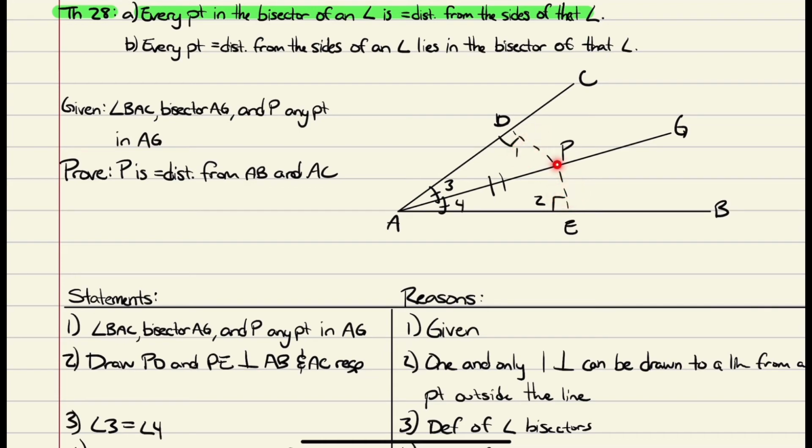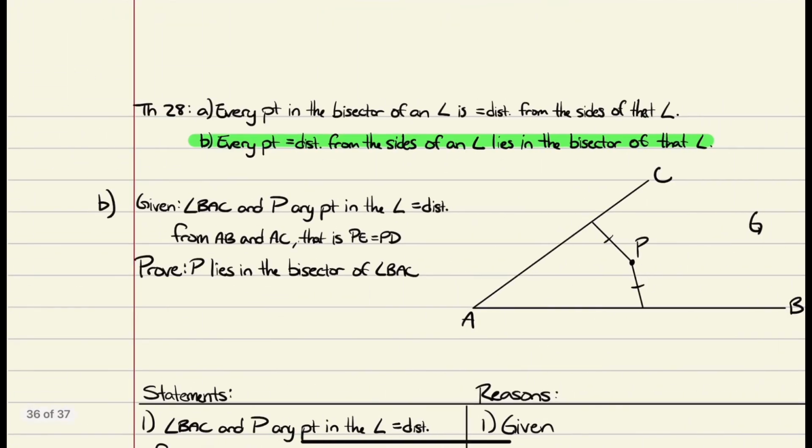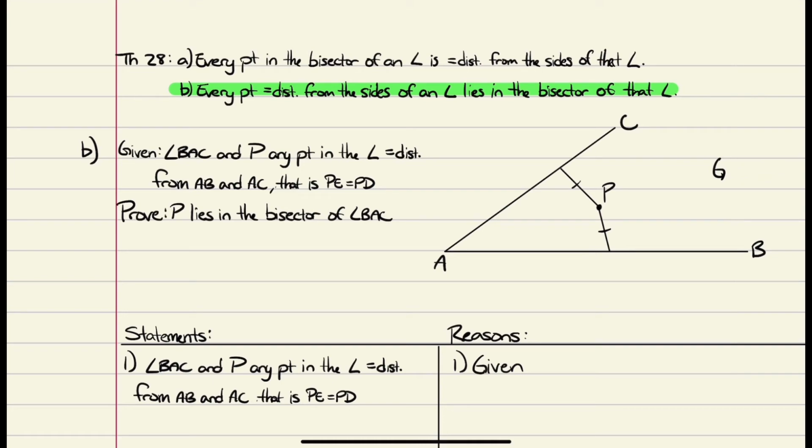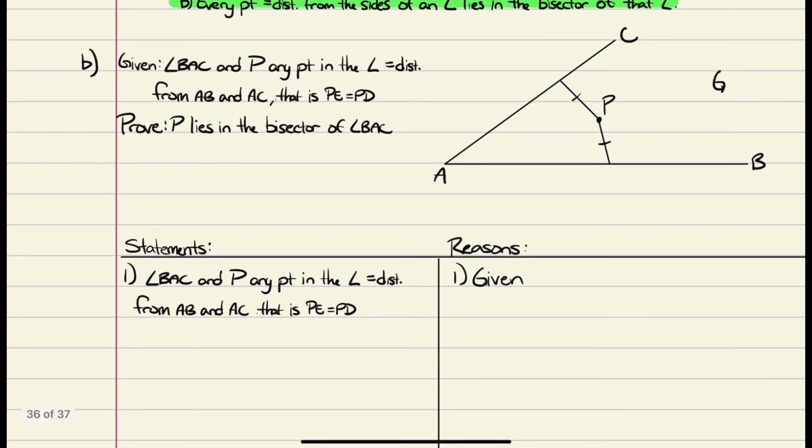Let's quickly talk about the second part of this theorem, that if a point is equidistant from the sides of an angle, it lies on the angle bisector. Very similar kind of process. Let's just quickly walk through it. We're going to draw PD. We already have it drawn, so let's take a quick look.